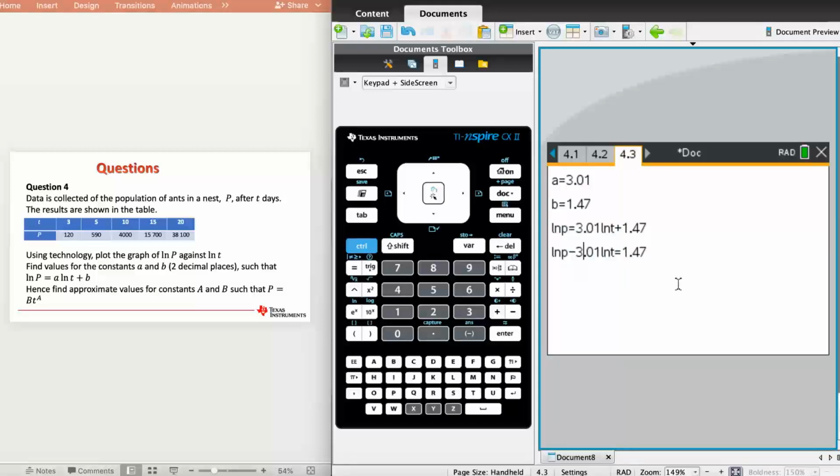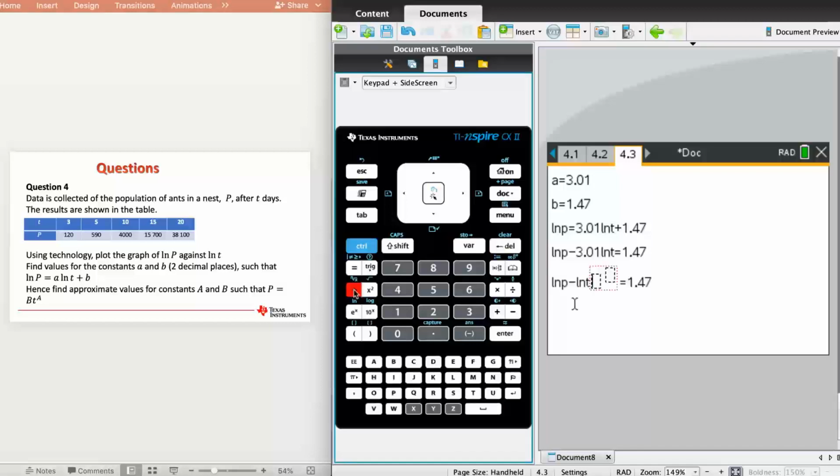The next thing I'm going to do is use the rule or law of logs that says this number in front of the log can become the power of t. So that will give me the 3.01 becomes, let's see, to the power.